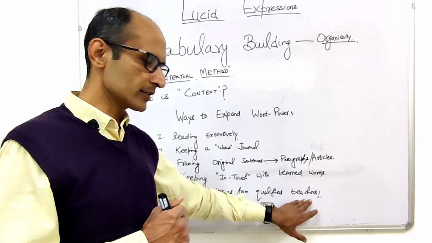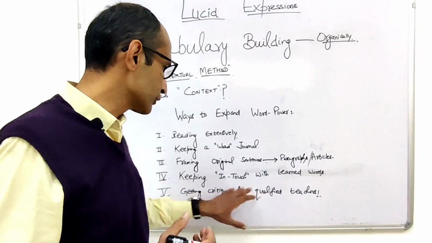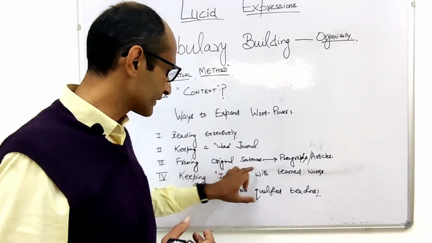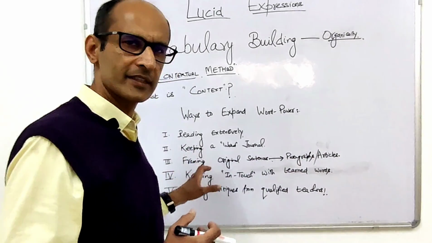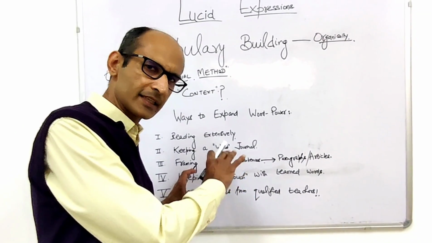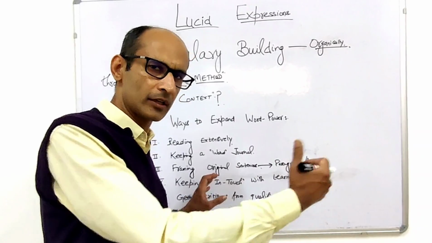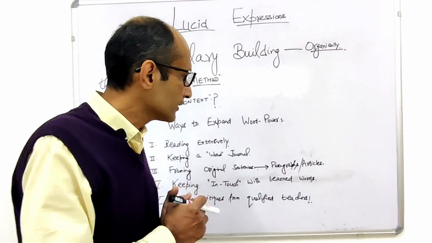A qualified teacher would be able to tell you many things from a single sentence, and we'll be taking up this challenge or experiment in one of our videos down the line.